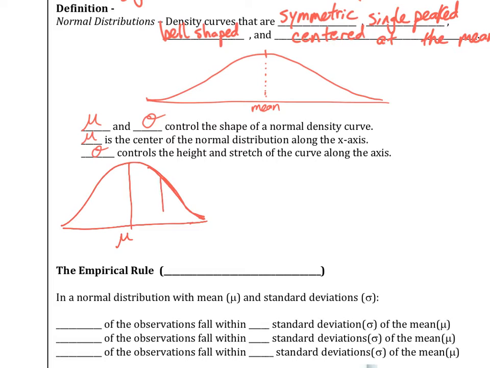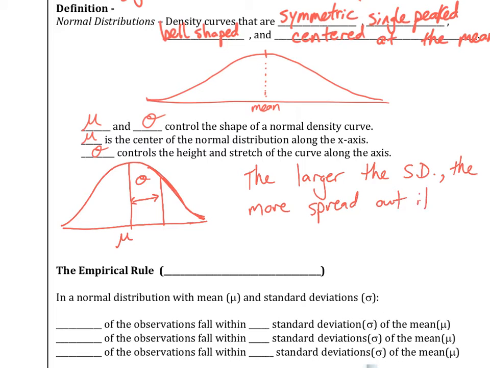Okay, if you go over a little bit, this distance from here to here is called the standard deviation. And the larger the standard deviation, the more spread out it is.